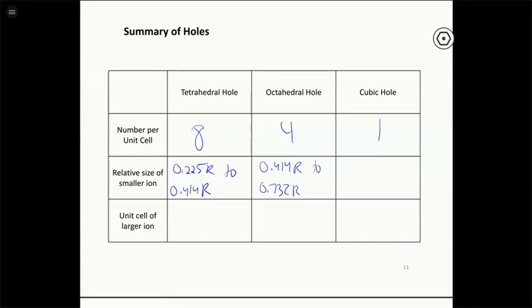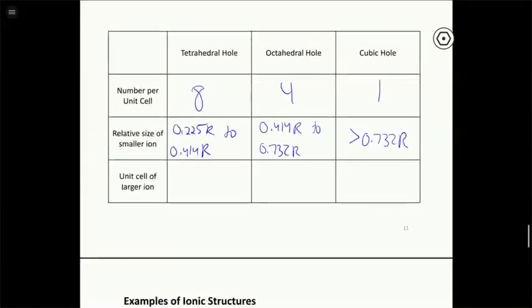And then finally, if it's larger than 0.732, it's going to go into a cubic hole. All right, so all those numbers that we derived, 0.225, 0.414, and 0.732, those are the lower limits. If the ion's a little bit bigger than that, it can squeeze in there, it can force the structure apart a little bit and make that hole a little bit bigger to occupy a slightly larger ion.